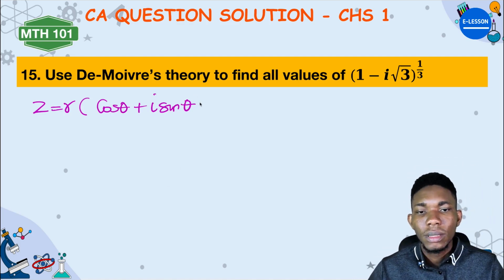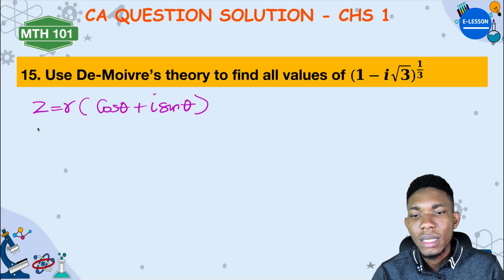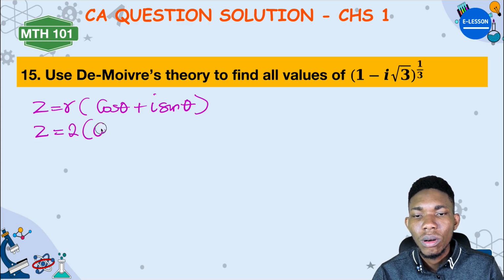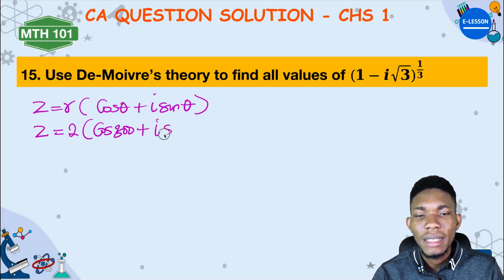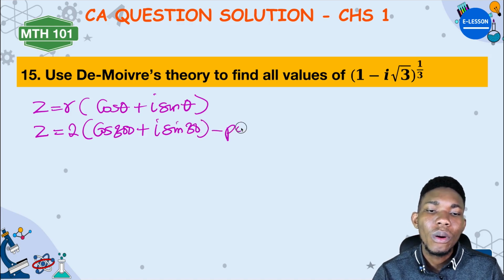Is that okay? Now, for this case, z, what is our r? 2 cos 300, because theta is 300, plus i sin 300. This is the polar form of this complex number.